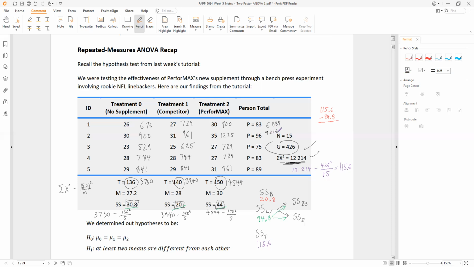And then 75 squared, I'm getting 56.25. And then 83 squared again is 68.89 again. And then 89 squared is 79.21. Right, so I add all those up.